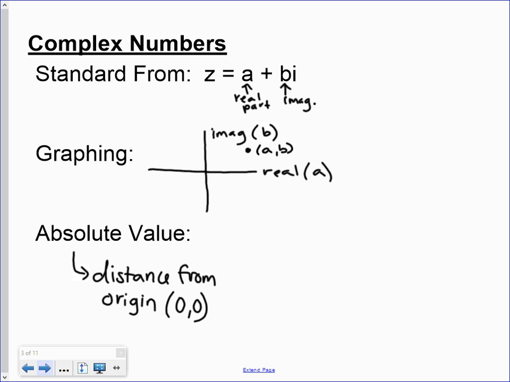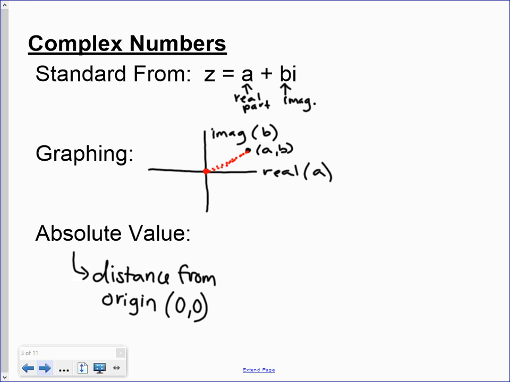So if we were looking at this point that I plotted here, a, b, and we wanted to find its distance to 0 right there, what would you use to find its distance? How could you calculate distance, Maggie?